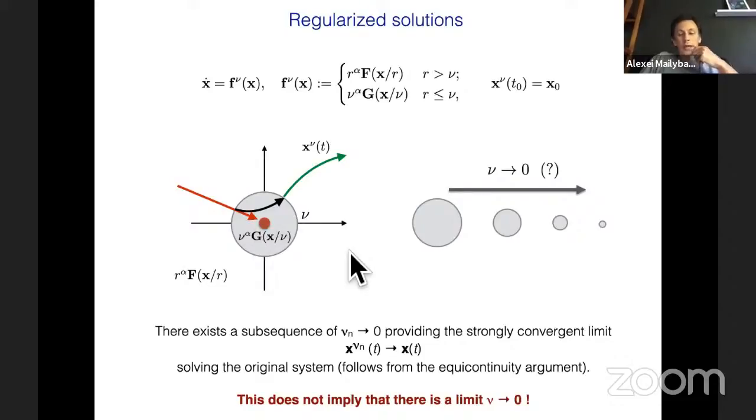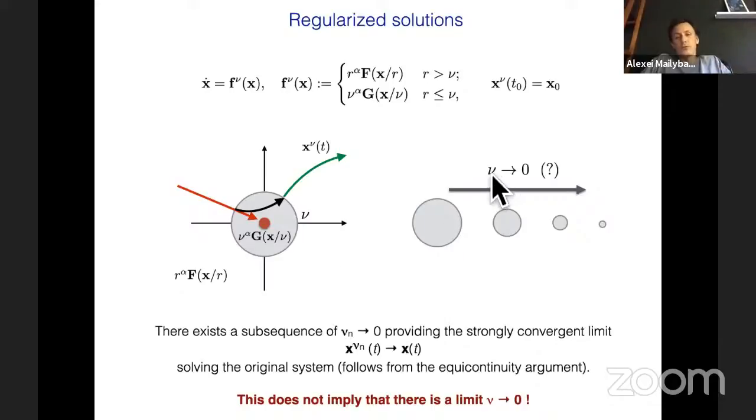So what I can immediately say is that we can prove that you can always have a limit of the solution, a strongly convergent limit along some subsequence.